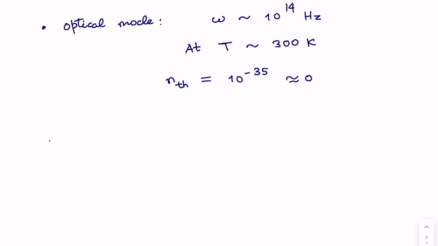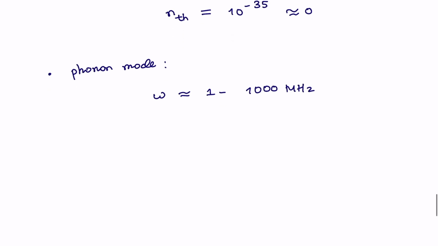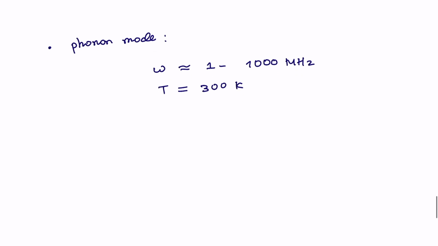On the other hand, if I consider the phonon mode, or the mechanical oscillator mode, a mechanical oscillator oscillates in the frequency range between 1 to 1000 megahertz, and if you again put the temperature at around 300 Kelvin, this thermal phonon number turns out to be in the range of 10 to the power 4 to 10 to the power 7. So it's not 0, it's a very large number.